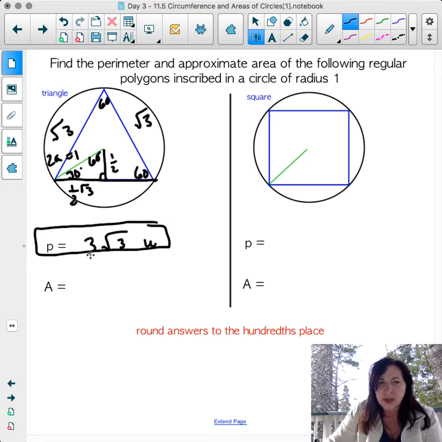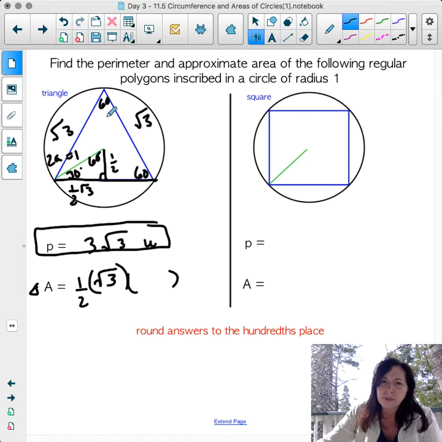In this case, for the area, I use the triangle area. To find the area of the triangle, I'm going to go 1/2 my base, which I know is √3, times my height. Now, this is a little bit tricky in that you need to remember that this is a median in this case, and a median does split up into 3 parts. This is 1/2 plus 1/2 plus 1/2. So that's actually 3/2.